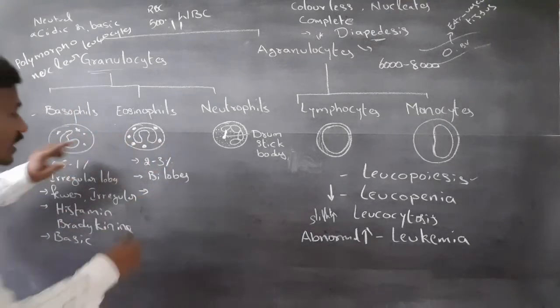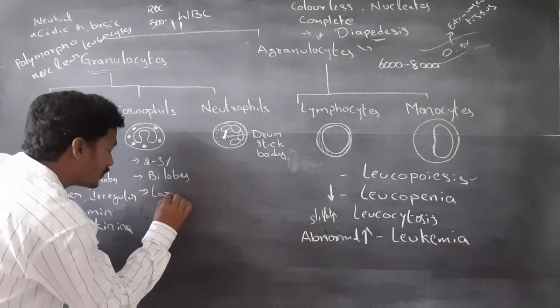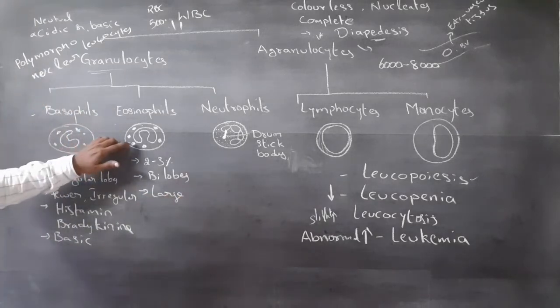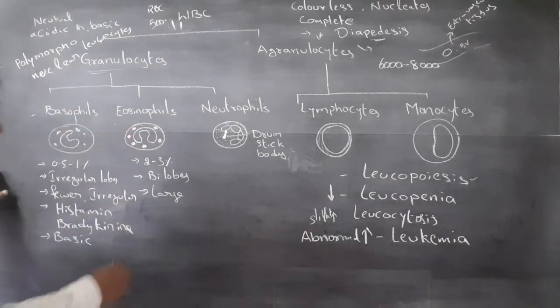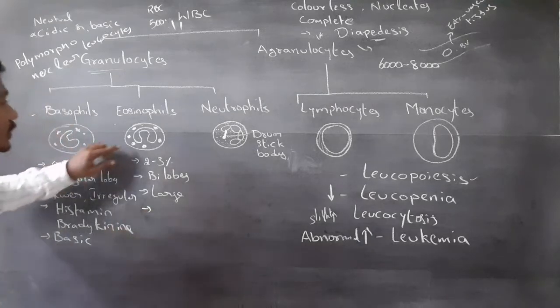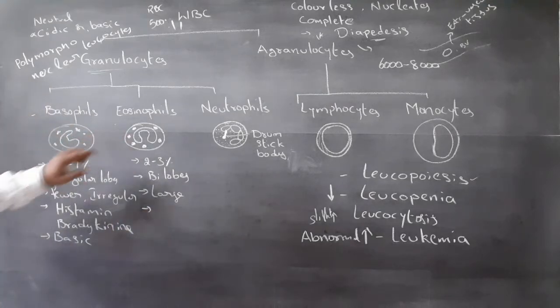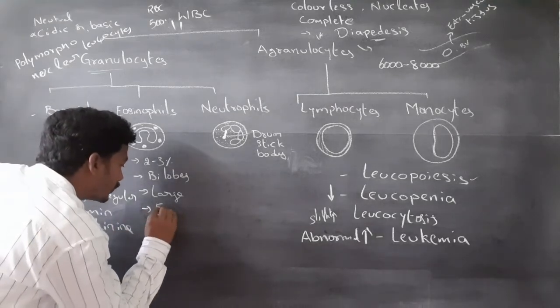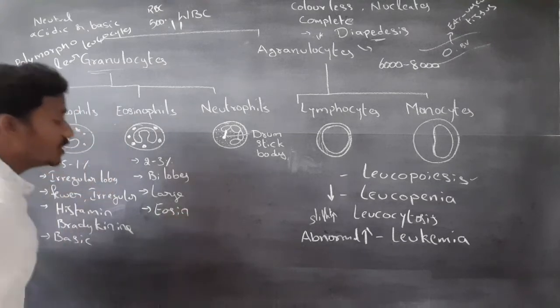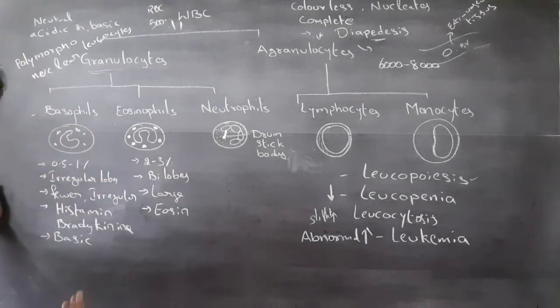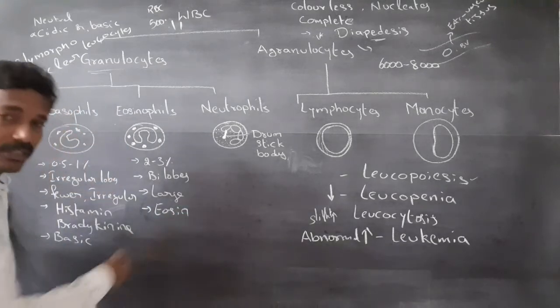The cytoplasm contains larger granules. Eosinophils take eosin dyes. They take acidic dyes. The acidic dye is eosin.